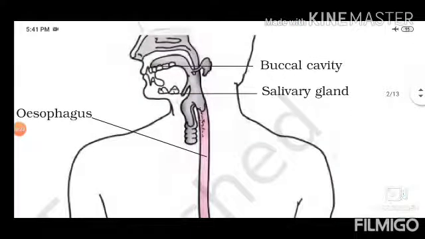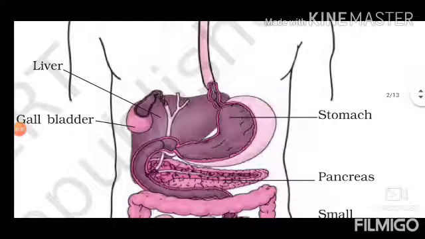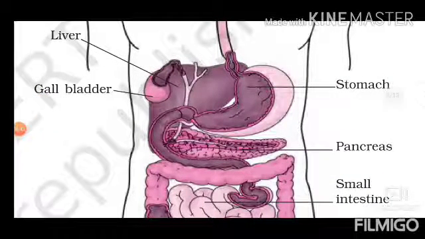From the buccal cavity, the food moves through the esophagus and reaches the stomach. In the stomach, due to the digestive juices secreted in the walls of the stomach, it is partially digested again. Then it moves on to the small intestine, before which the liver and the pancreas secrete bile juice and other juices that get inside the small intestine.